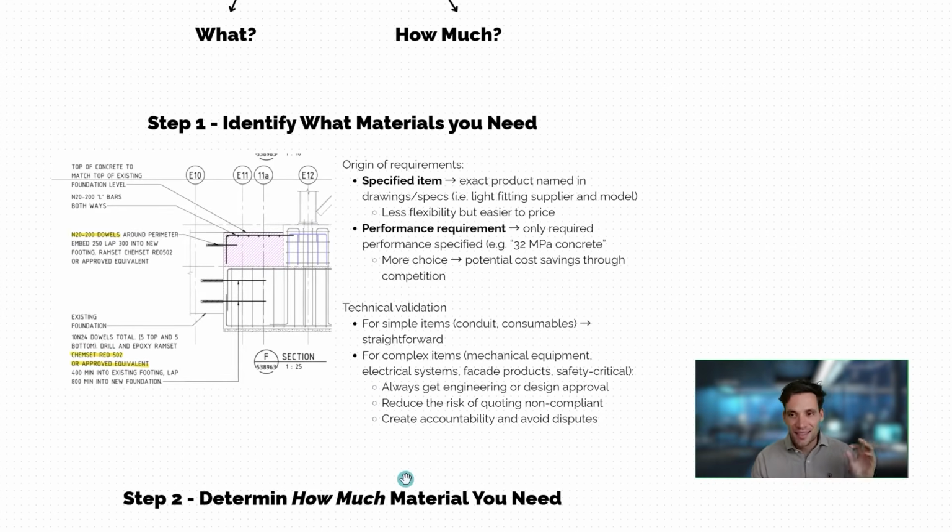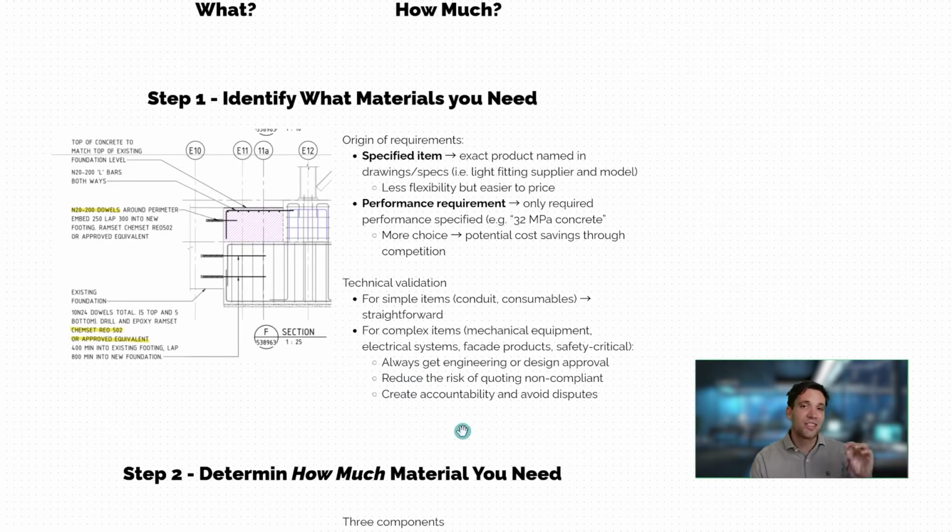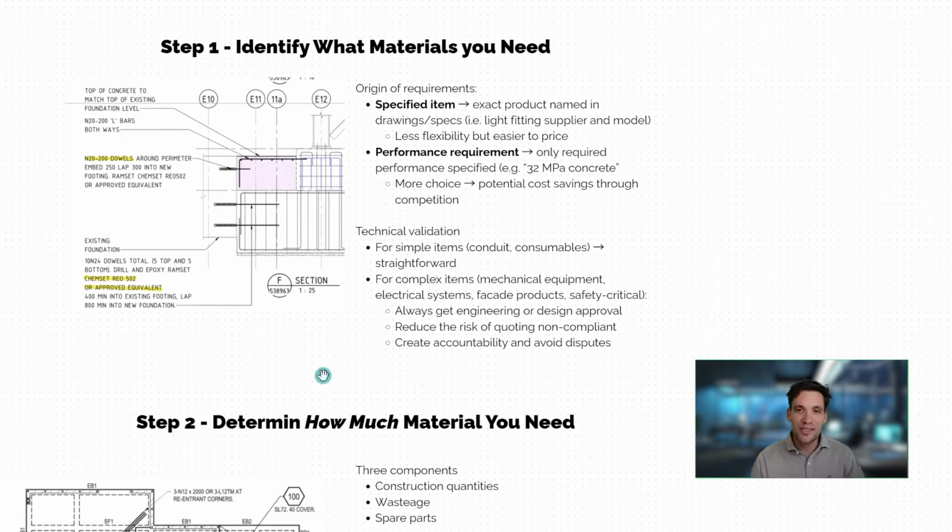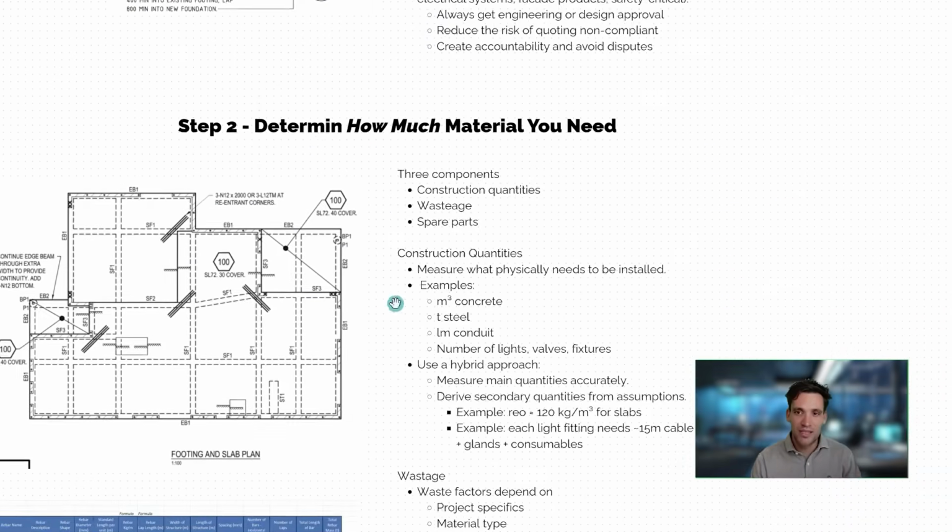So in practice, a lot of the time during tendering you will have to take on the onus of checking the product specifications match the design requirements. Okay, so at the end of step one, we basically know exactly what product we need to buy.